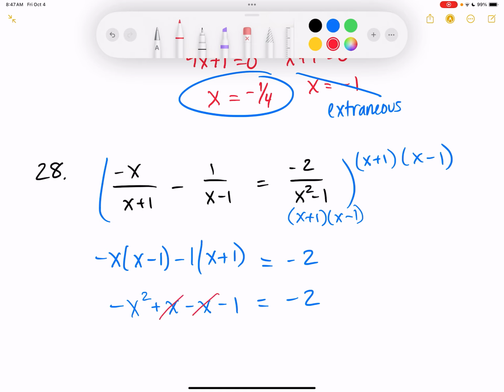These x's cancel each other out. So I end up with negative x squared minus 1 equals negative 2. Now in this case, I can use the square root property because there's not enough stuff for me to go about factoring.